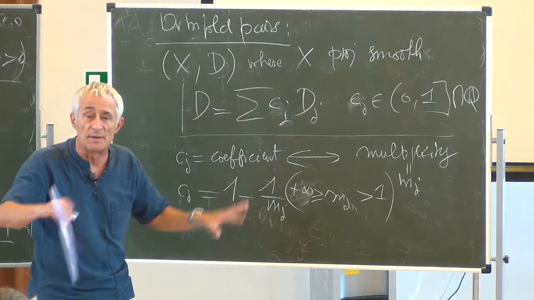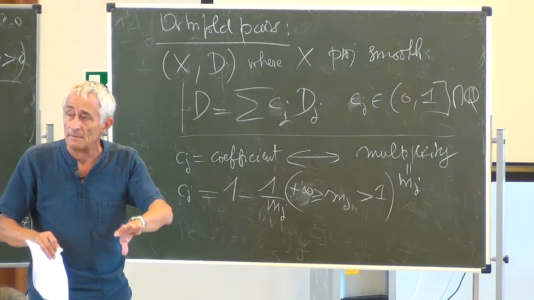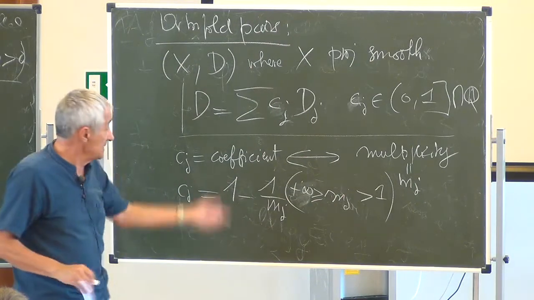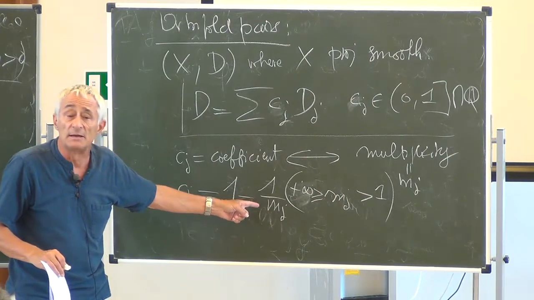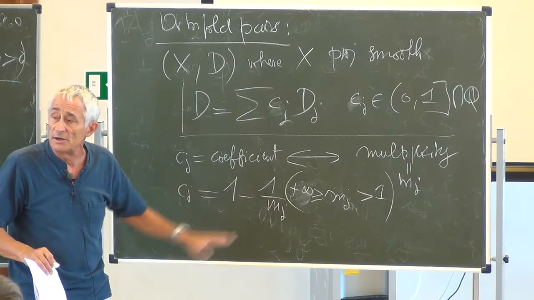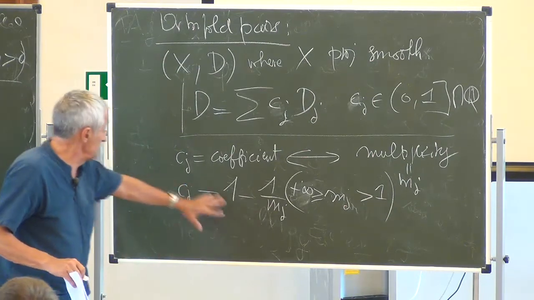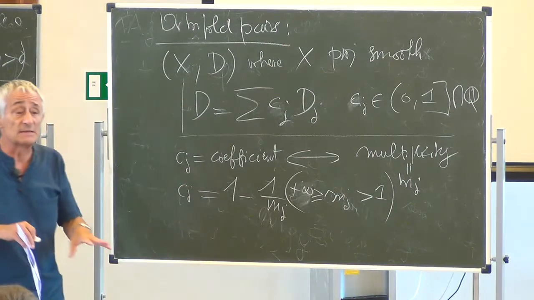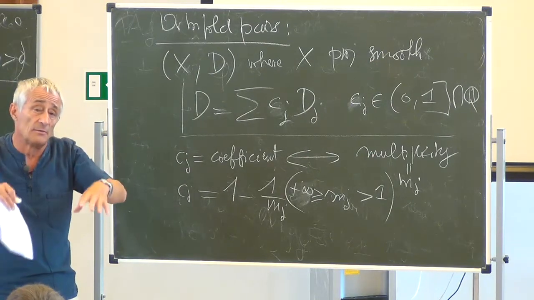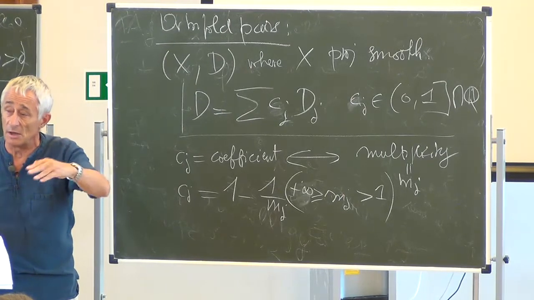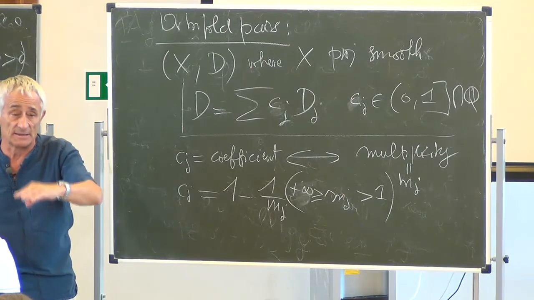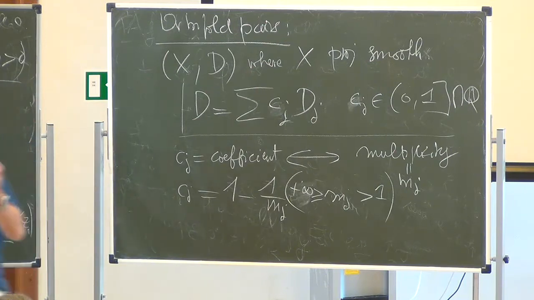This is essentially the complement of D, just X minus D. In the intermediate situation in which the m_j are integers, you can imagine that this pair is something like a virtual ramified cover of X, which ramifies at order m_j over each of the D_j.